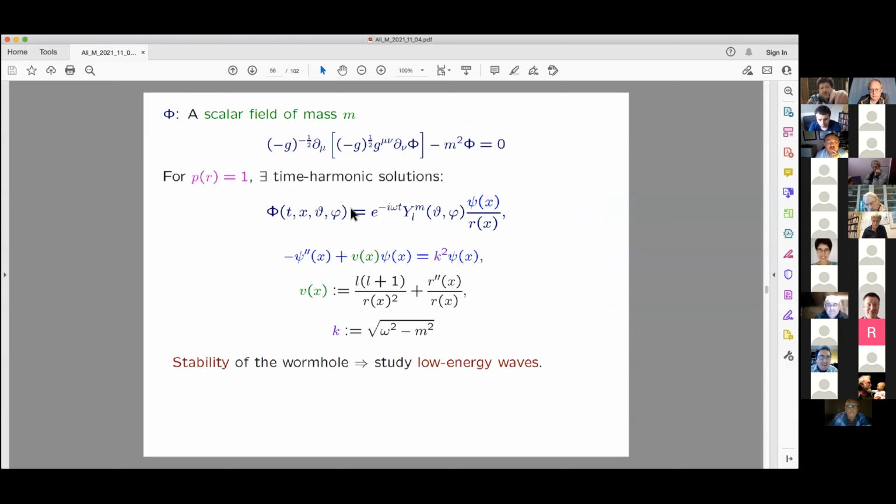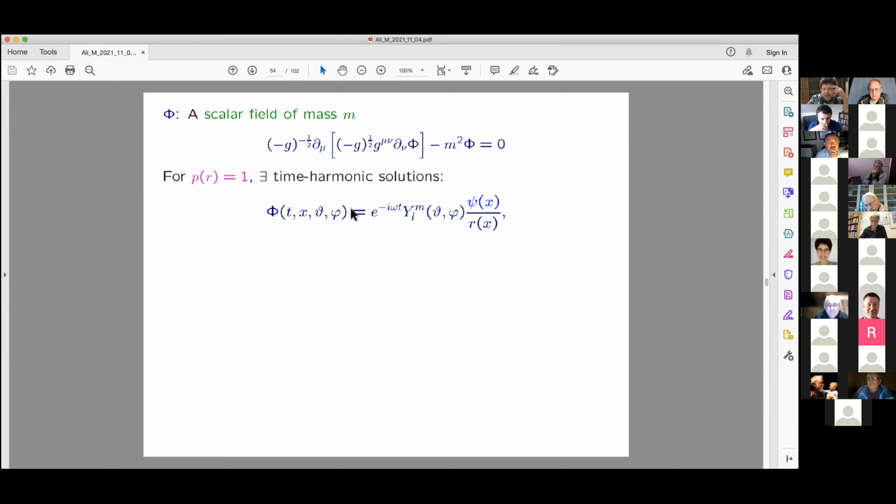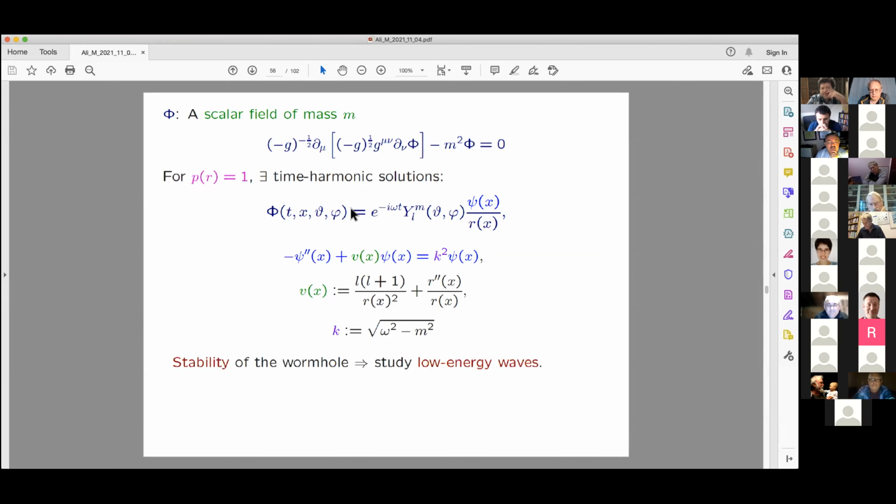It should be zeros or poles of A, and in your solution they should correspond to quasi-normal modes, which is an important thing. We only looked at the scattering problem. But you have the scattering amplitude as an analytic function in k. So can you find singularities in that function and therefore determine quasi-normal modes?